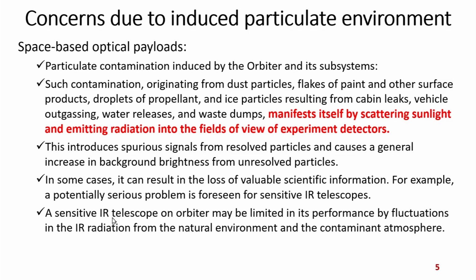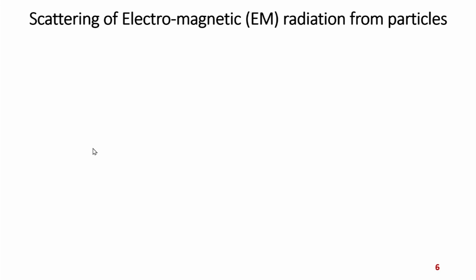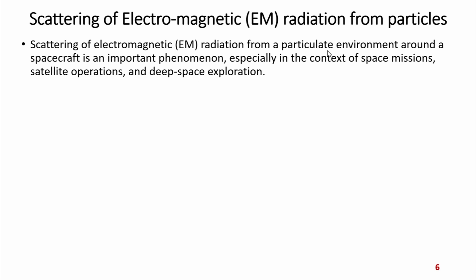A sensitive IR telescope on an orbiter may have its performance limited by the fluctuation in the IR radiation from the natural environment and the contaminant atmosphere. Now, we will see the scattering of electromagnetic radiation from particles. We will consider in general the ambient particles as well as those induced by the spacecraft.